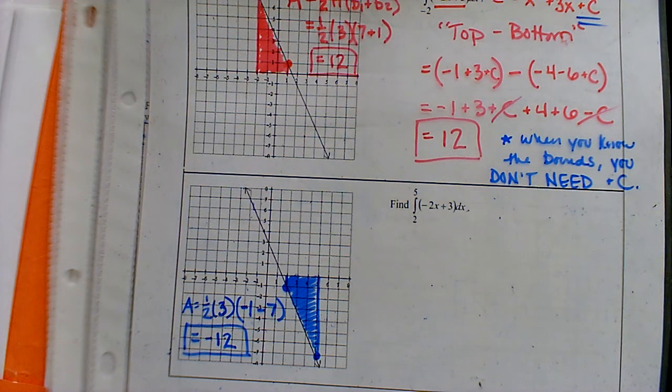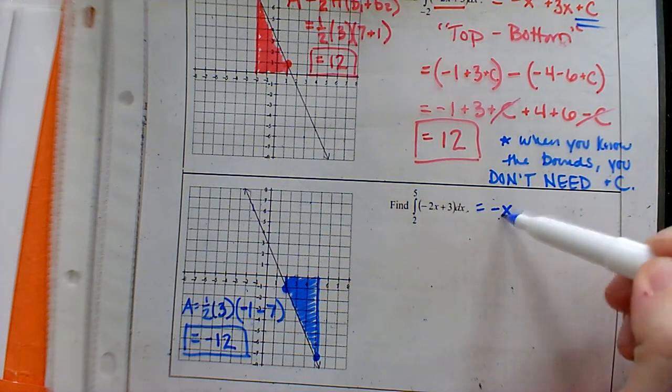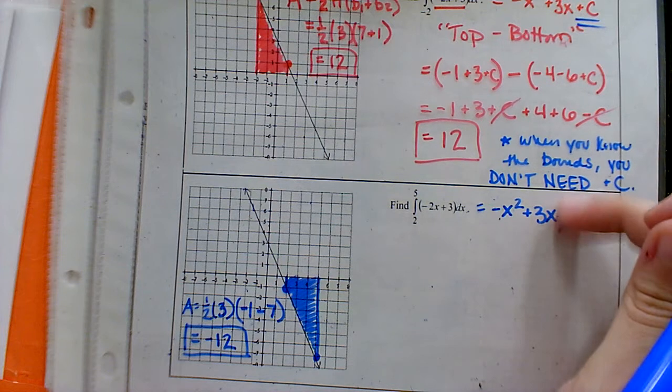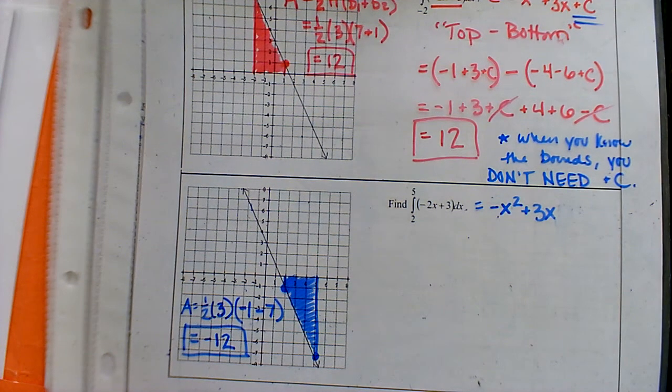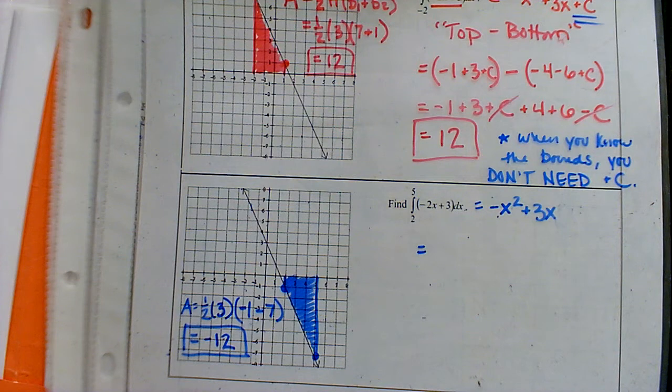Let's see if we can get the same thing using calculus. What if we didn't have the graph? We could simply have the integral, find the antiderivative, and do top minus bottom, and we get the same answer, hopefully. At least the graph is a visual for us right now because we're still learning. If we do the antiderivative, we're going to have the same thing as before because it's the same equation: -x squared plus 3x. We don't need the plus c, if you don't want to write it, because we know what the bounds are. Let's plug in the top bound.